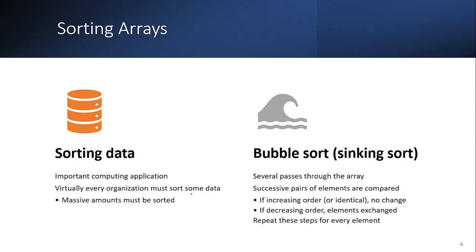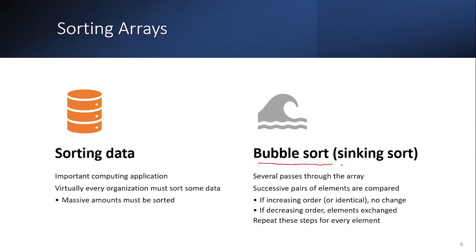If the Board of Intermediate and Secondary Education, Peshawar, or the Federal Board needs to generate a merit list, they need to sort the results of thousands of students. So sorting is a very important computation. We'll talk about one algorithm for sorting, that is bubble sort.